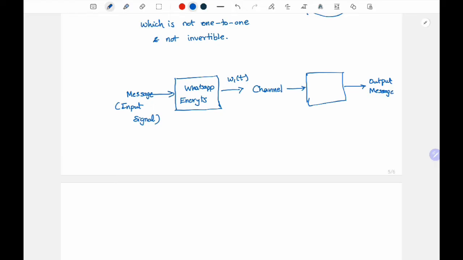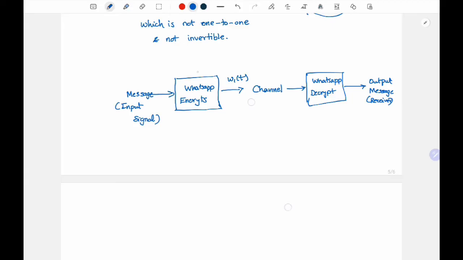The input message and output message should be the same; only then can whoever is sitting here, the receiver, interpret it. So whatever sits here is called decrypting, again in WhatsApp on his or her mobile.